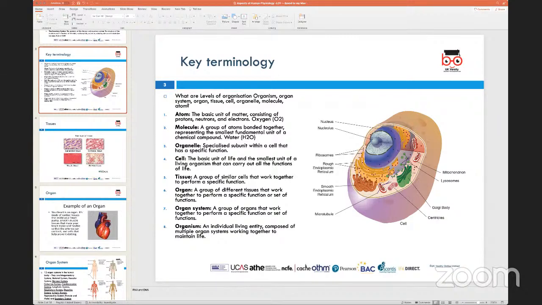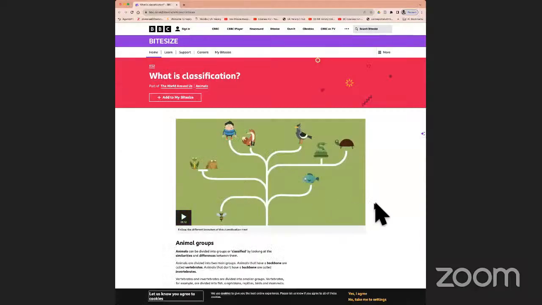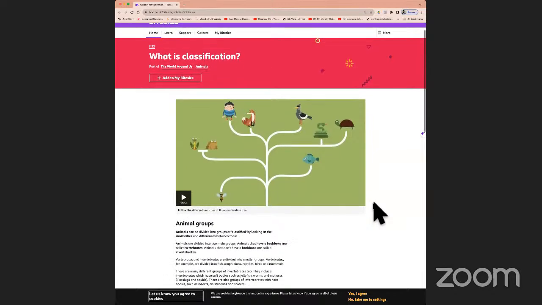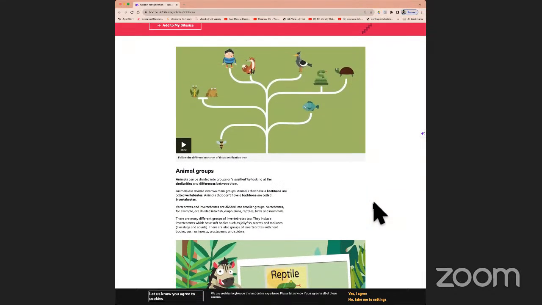Now, for those of you who are interested in going into further detail on the different forms of animal classification, I would suggest it's a bit of a back to school session. There is one website which I would recommend that you look at, which is the BBC Bitesize website. This particular website breaks things down into very, very simple aspects.